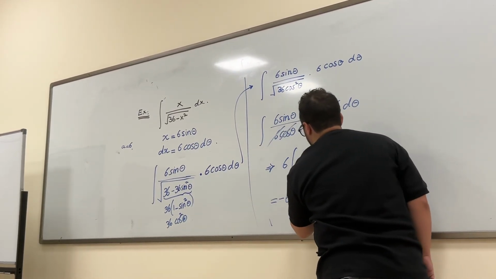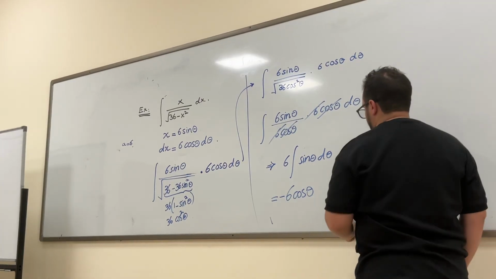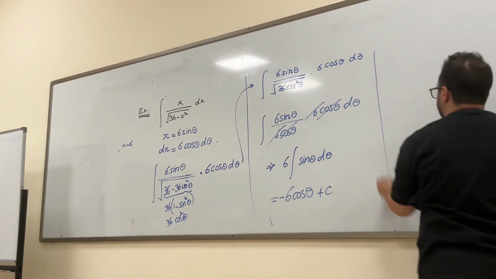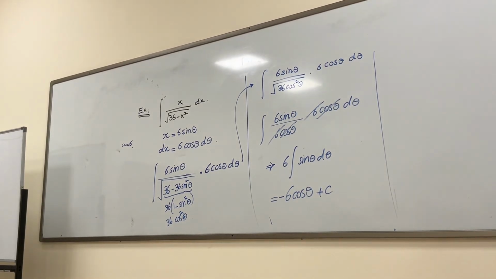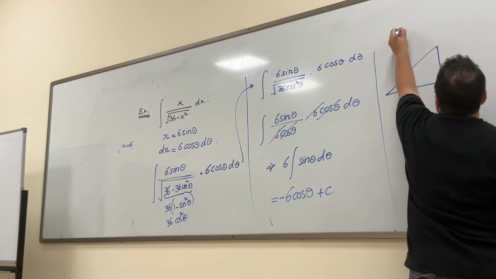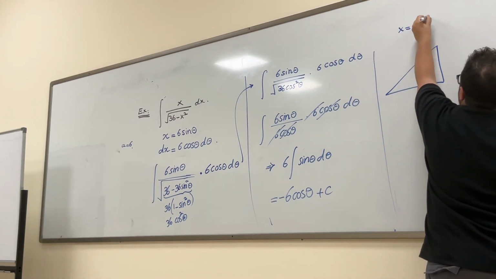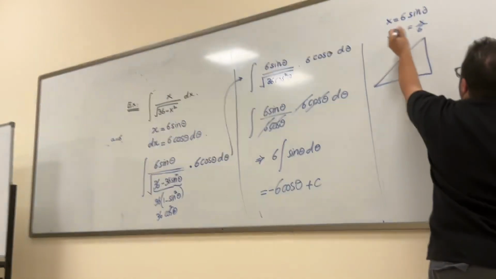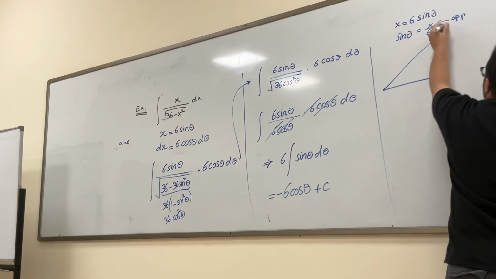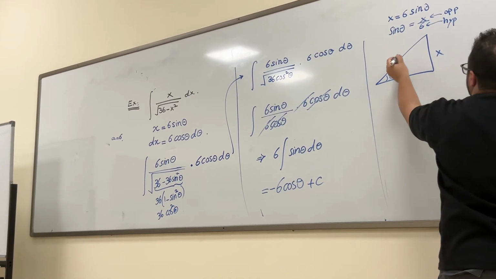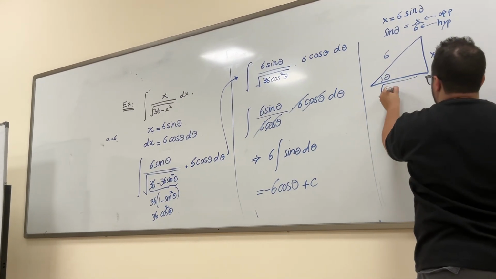negative 6 cosine theta plus c. And then if I want to replace cosine, I'm going to make a triangle. I'm going to use the original substitution, x equals 6 sine theta, so sine equals x over 6. So opposite over hypotenuse, from the definition of sine, and the adjacent is the square root of 36 minus x squared.